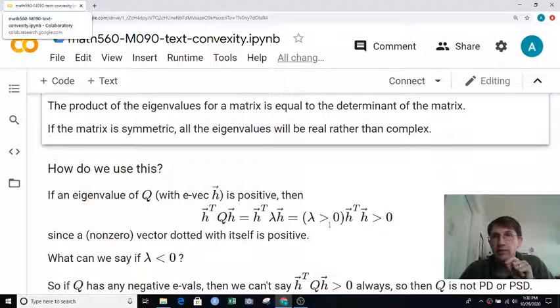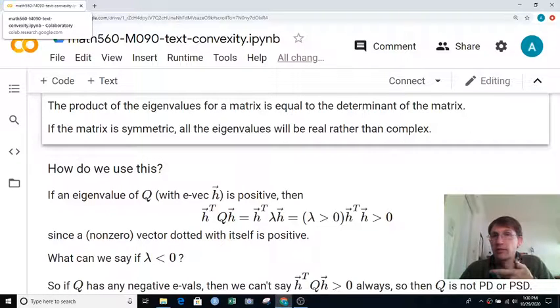And if lambda is bigger than 0, then we'll have a positive number times a vector dot producted with itself, which is always positive, because h is not 0. And so we get a positive number. So if the eigenvalue is positive, then h Q h is positive if h is the eigenvector for that eigenvalue.